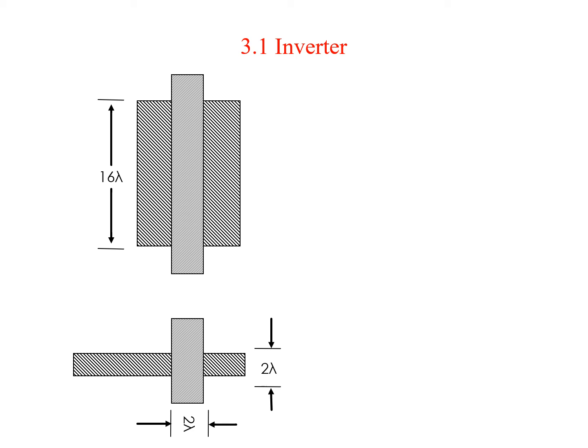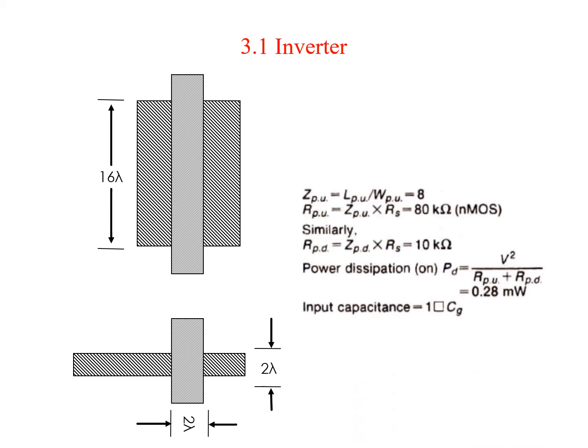Now in this particular example, since it is an NMOS technology, for the NMOS here the length is 16 lambda, and in this case it is 2 lambda. Width for your poly is 2 lambda. So let us discuss how the ratio is going to be calculated.